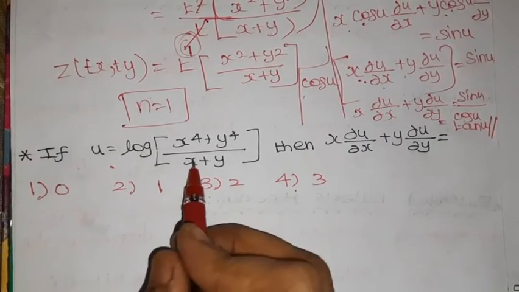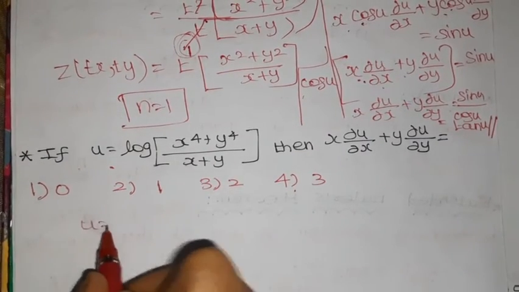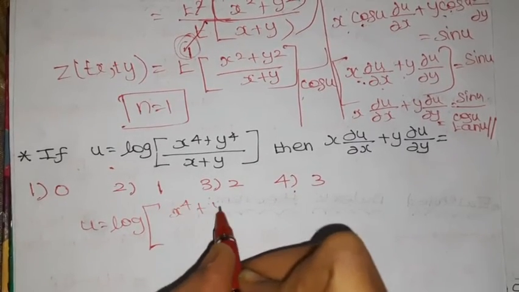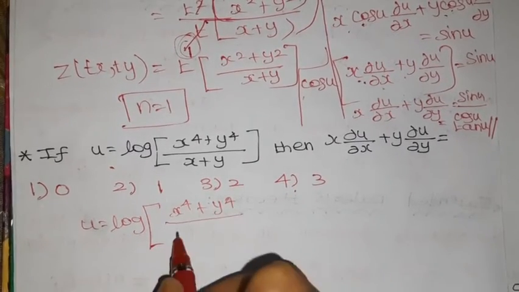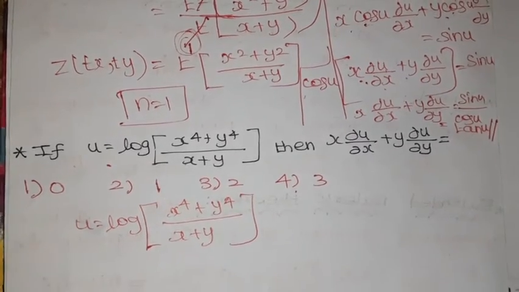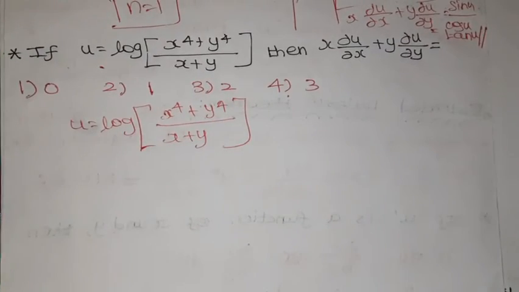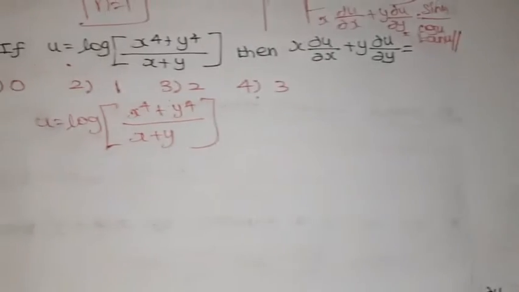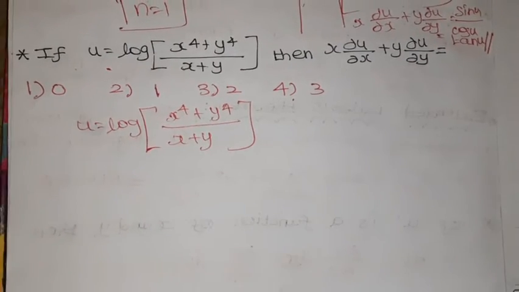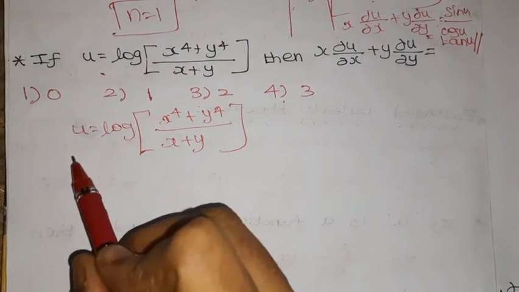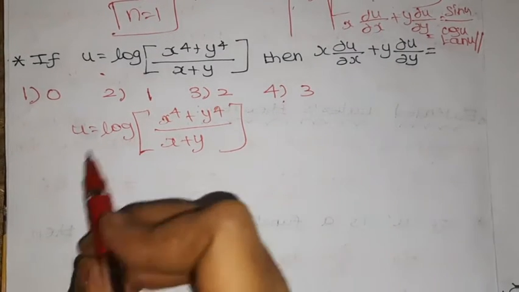What is given? First write down the problem. u equal to log of x power 4 plus y power 4 divided by x plus y. So then what do we need to do? Take the exponential.